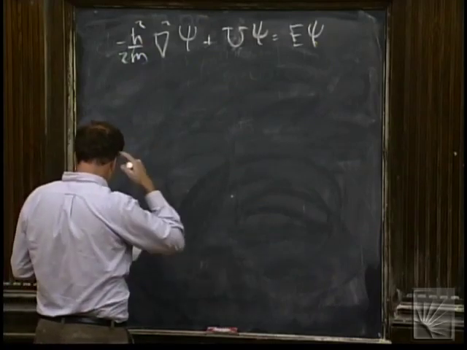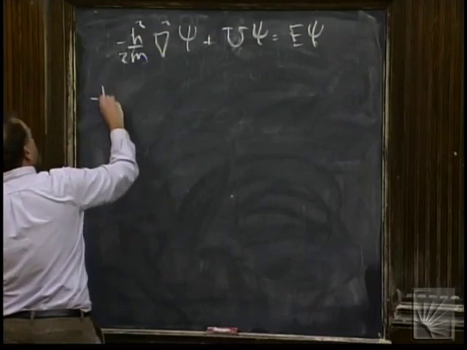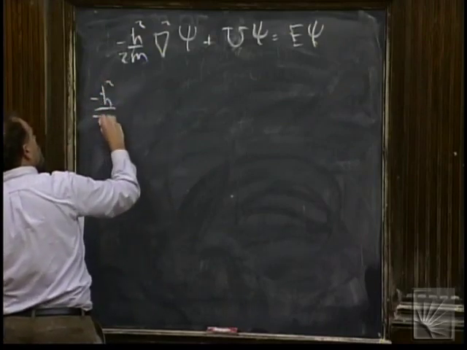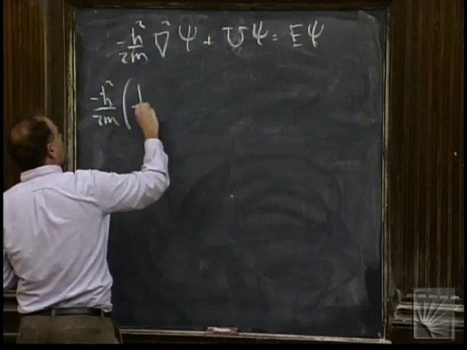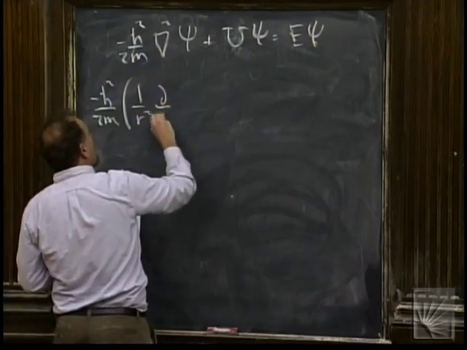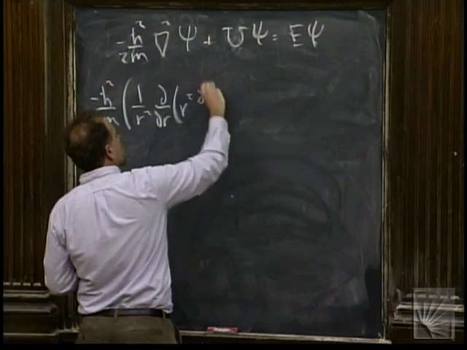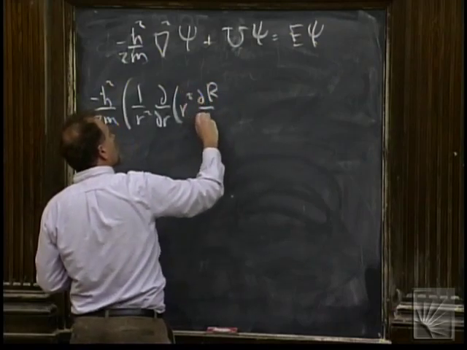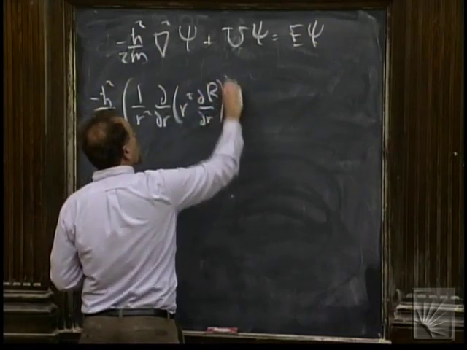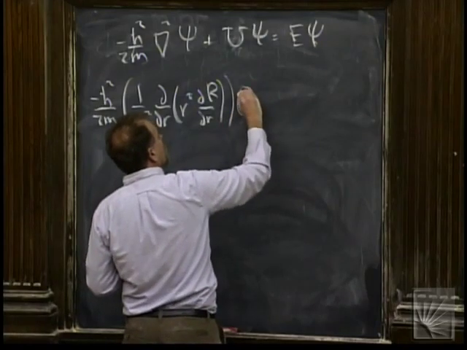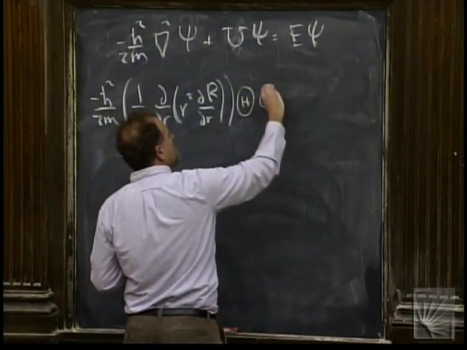And where did I end up? I ended up with minus h bar squared over 2m, 1 over r squared, d by dr of r squared dr, then there's theta and then there's phi.